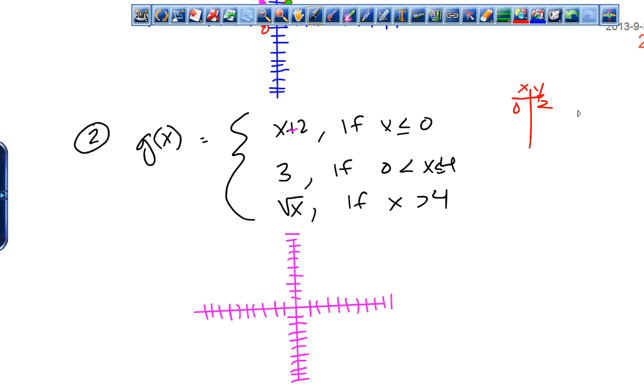Smaller. So next one should probably be -1. Maybe -2, maybe -3. So my y values are going down by 1 each time, right? So it should be 1, 0, -1. Closed circle at (0, 2).